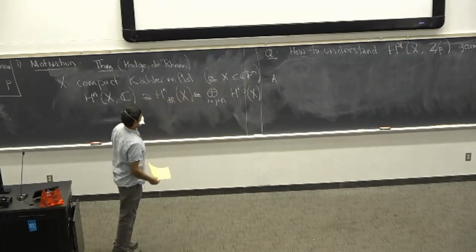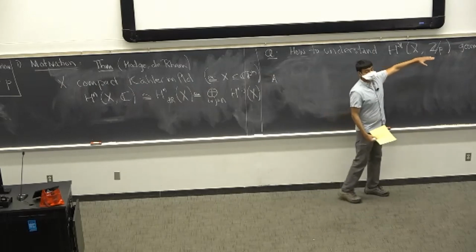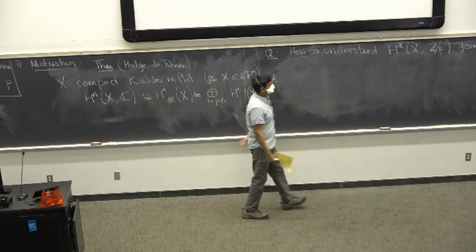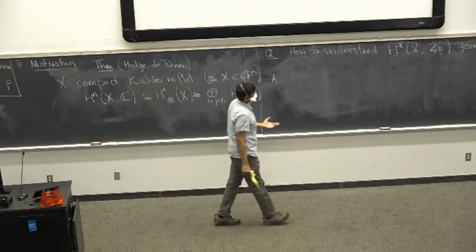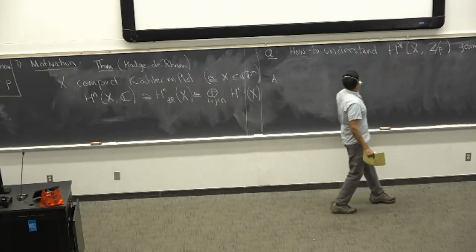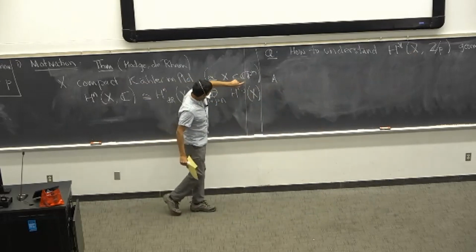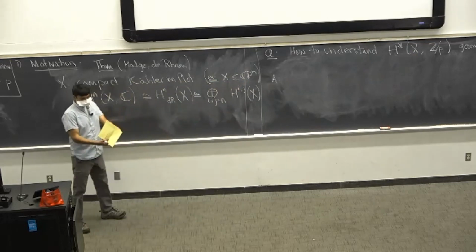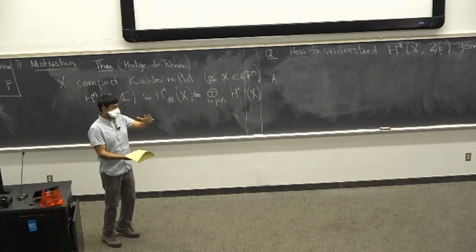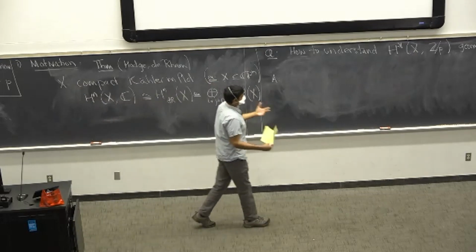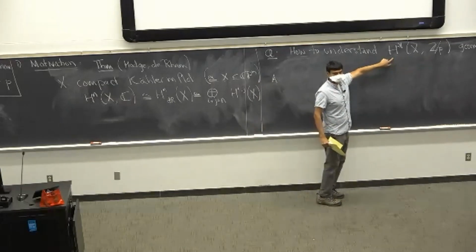Sorry, maybe before I go to the answer, I should tell you why you care about this. So maybe you just care about it because you care about cohomology with Z mod P coefficients. You care about torsion cohomology, which lots of people do. But there's one other reason that, for example, number theorists would care about this, which is if your X is as in this example, so it's an algebraic variety, and the equations that define the algebraic variety actually have coefficients in the rational numbers, so there are no pi's or e's in the equations, then it's a non-trivial theorem that this group over here has a natural continuous action of the Galois group of the rational numbers.